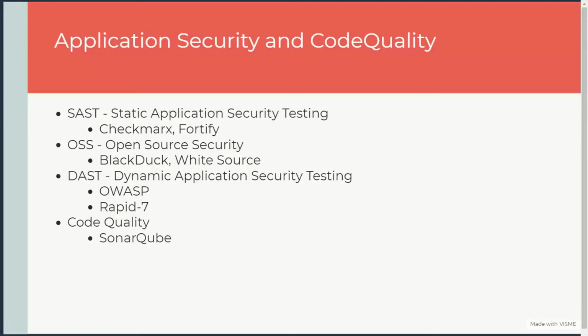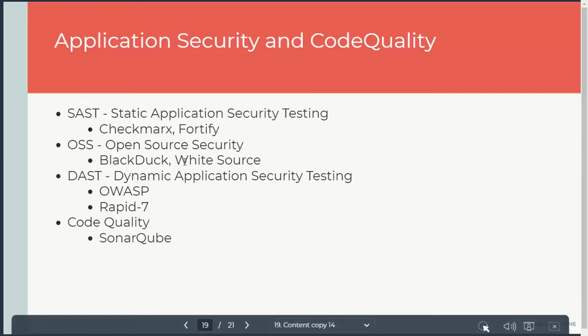Sometimes they provide a free tier for one month and then ask us to pay. Sometimes we don't know whether a proper maintainer exists for the library, whether the library was created with best practices, or whether there is any current open security vulnerability in it. In all these aspects, we have to analyze all the third-party library components. In this scenario, Black Duck and WhiteSource come into the picture.